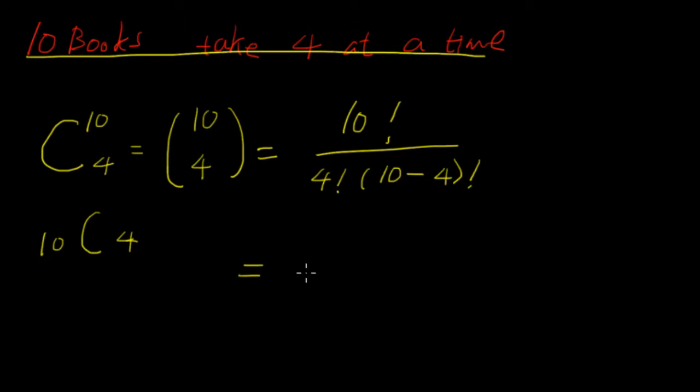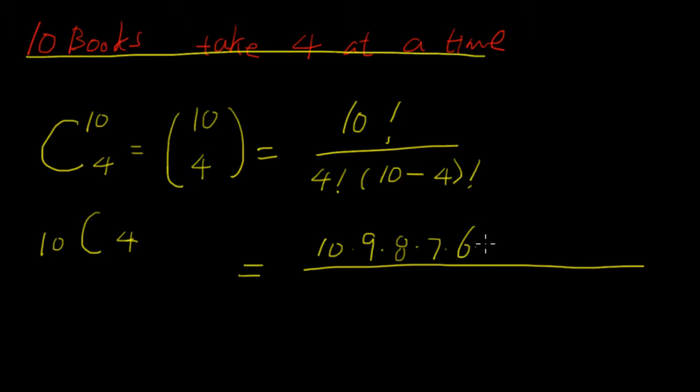Now, what was factorial? 10 factorial would be what? Start from 10 times 10 minus 1, 9, 10 minus 2, 8, 7, 6, 5, 4, 3, 2, 1. That's 10 factorial right there.